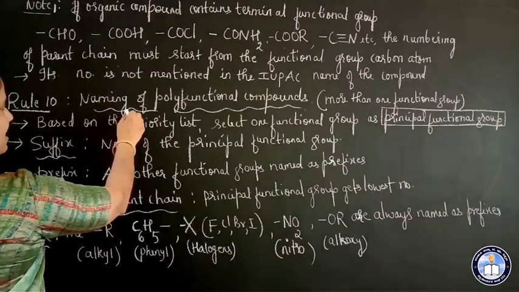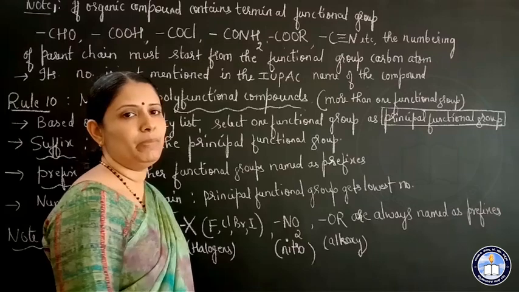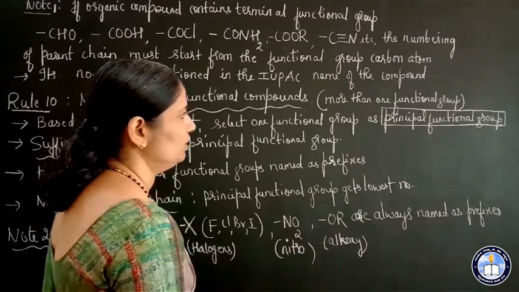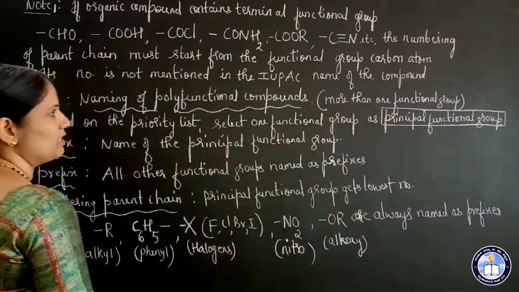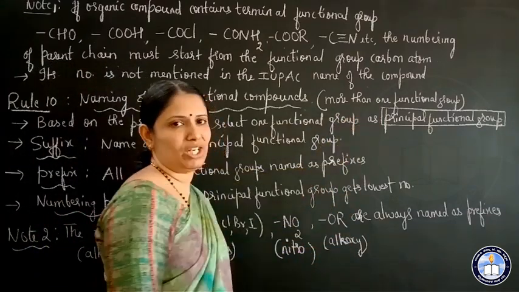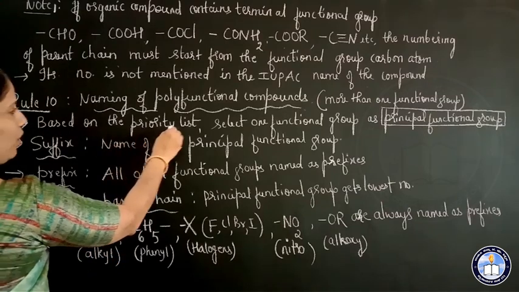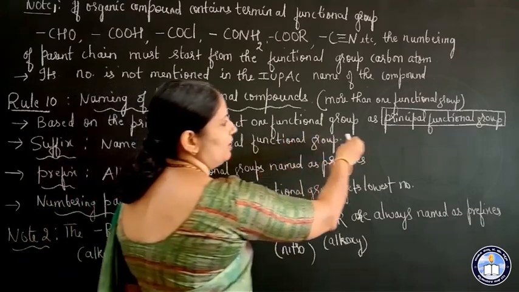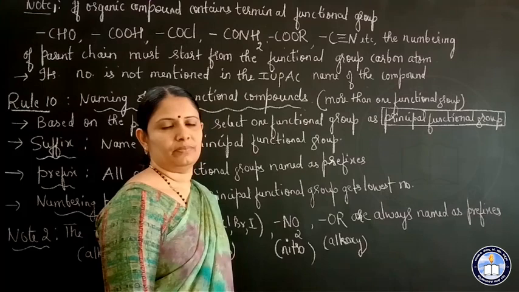So now next, how to name the polyfunctional compounds. Poly means many functional groups present in the compound. So polyfunctional compounds are compounds having more than one functional group. Based on the priority list, select one functional group as the principal functional group. Right?